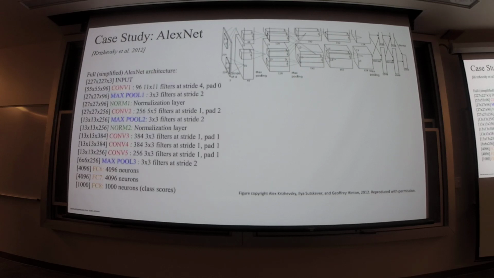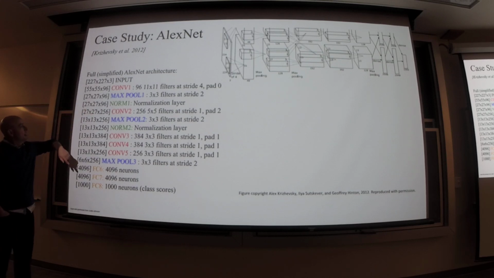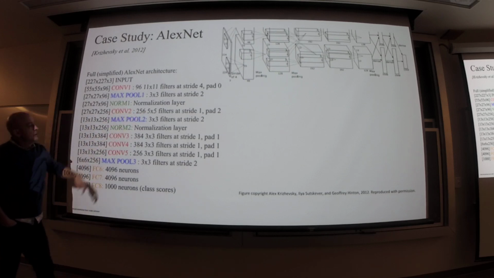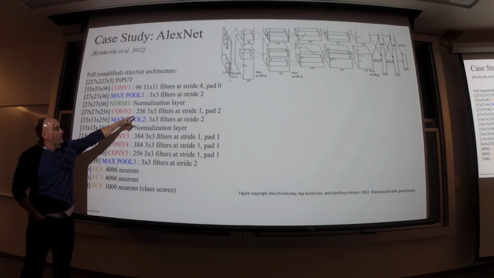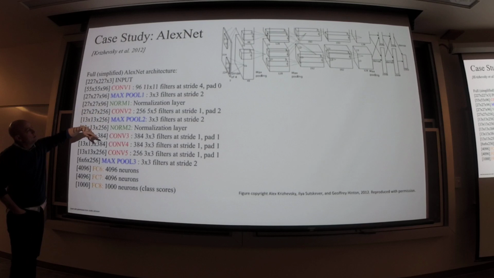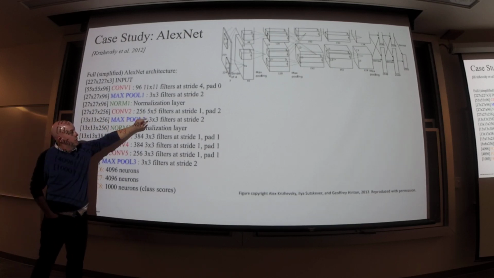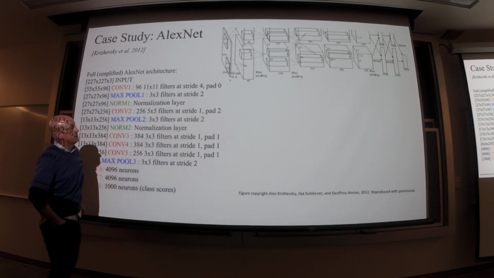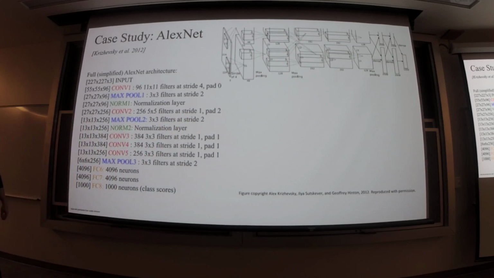Good. So here's the rest of the architecture all the way through. We already talked about the first couple here. You have a normalization layer that's going to preserve the size. And then now we go to 5 by 5 filters here. There's 256 of them, right? So we go from this 27 by 27 by 96 to, so notice what we do here. We have a stride 1, and we pad with size 2.